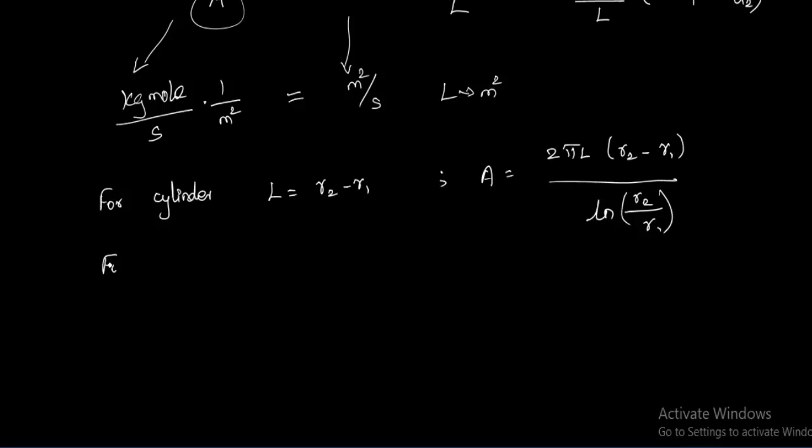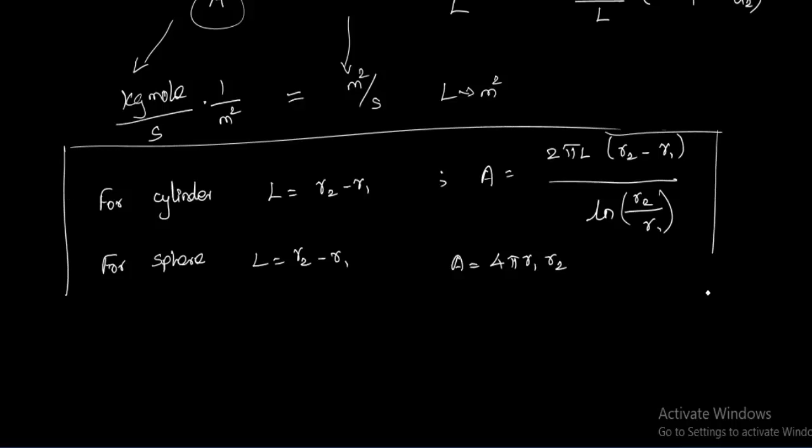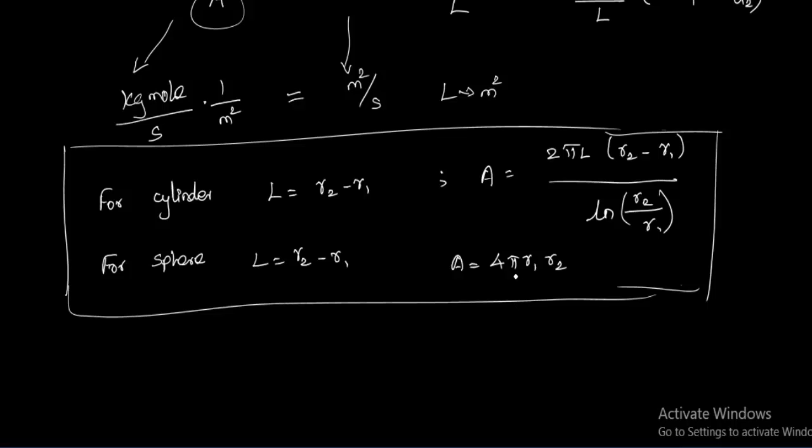So for sphere, L equal to similarly R2 minus R1, where A equal to 4 pi R1 R2, right? These two formulas you have to know. This will not be available in the data book, right? While solving the problem, you have to use these formulas for area and thickness of the plane membrane, right?